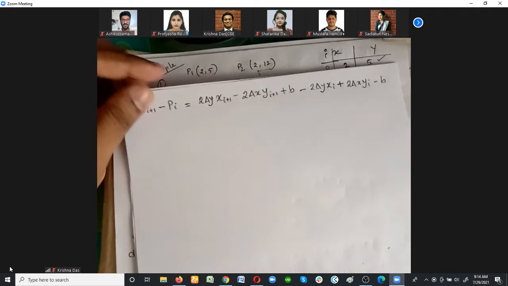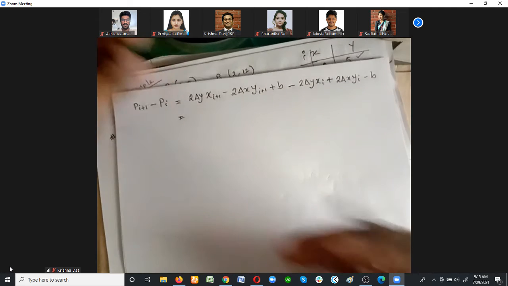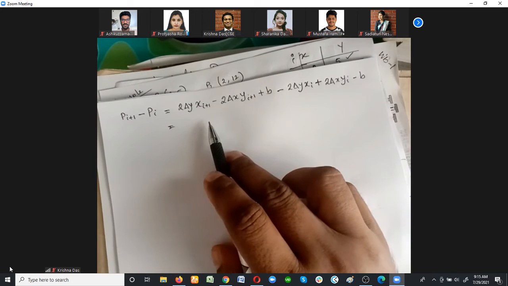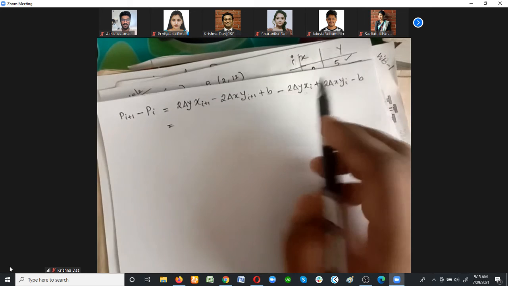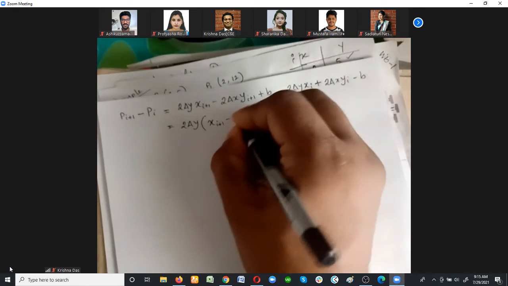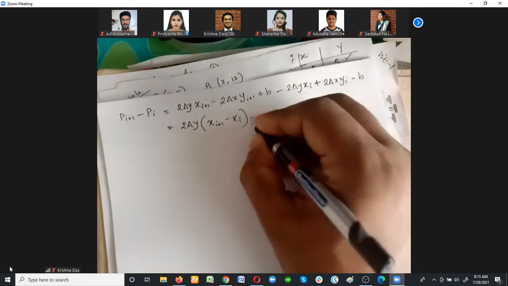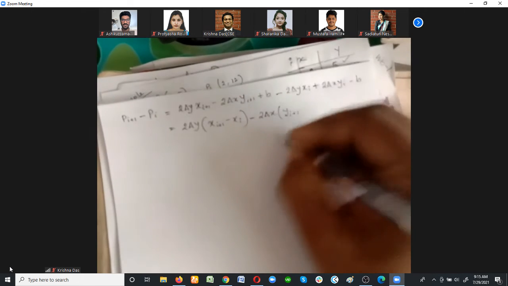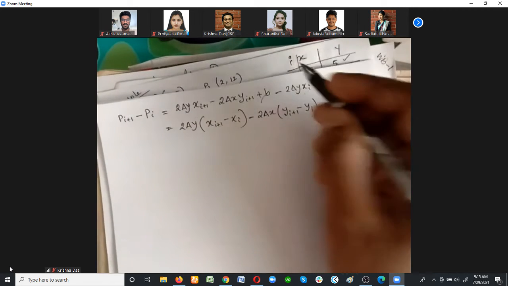So at this moment, if we just simplify the equation, you can see here that we can take 2 del y as common, then we have xi plus 1 minus xi, and we can take 2 del x as common, then we get yi plus 1 minus yi, and b has actually gone.